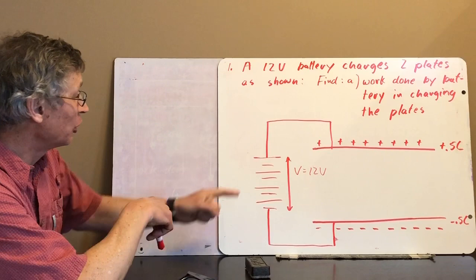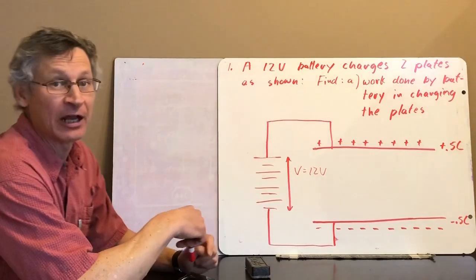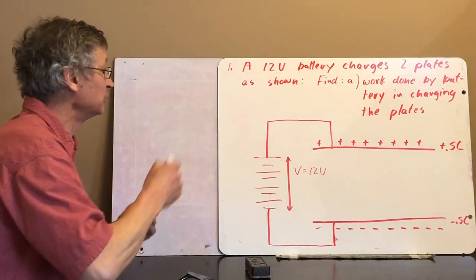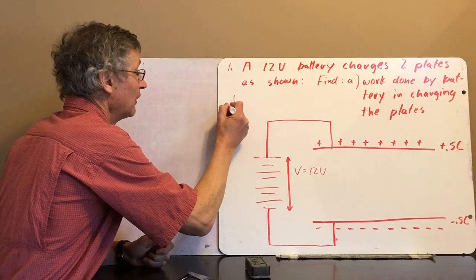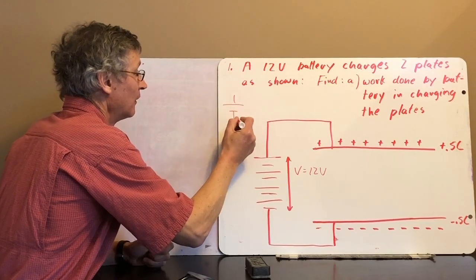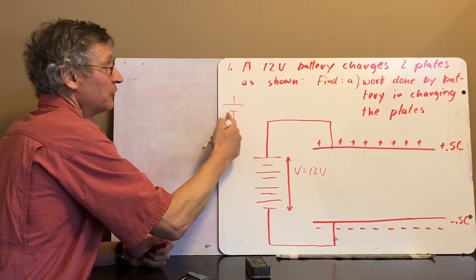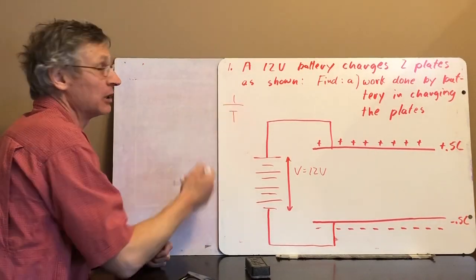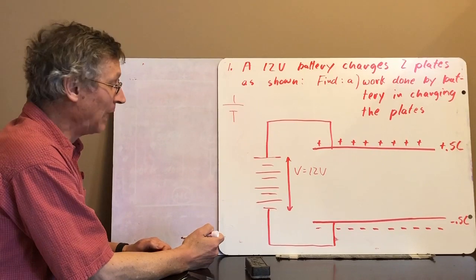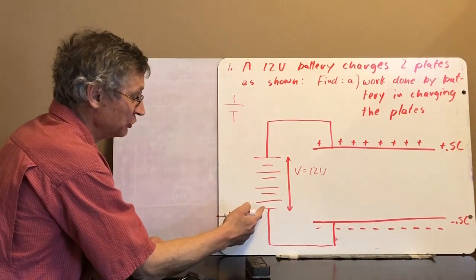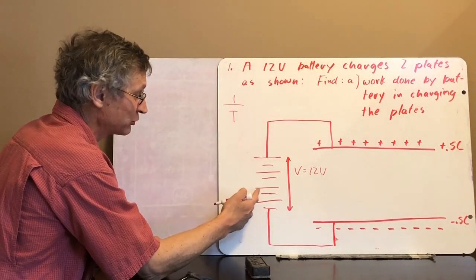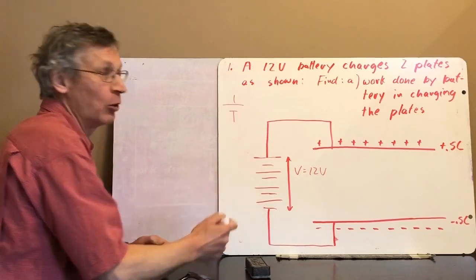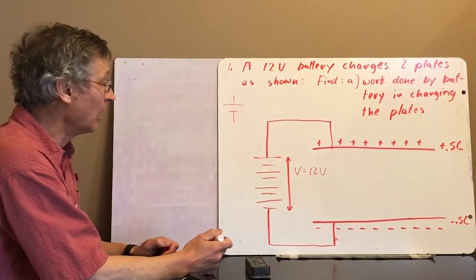So here's your 12 volt car battery, and what you should realize is that this is the symbol for an electrochemical cell. One big line, one little line. And of course, a battery is usually just a whole bunch of electrochemical cells all put in series, one right after another.